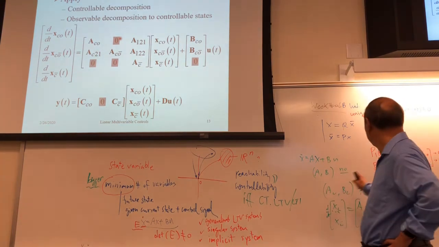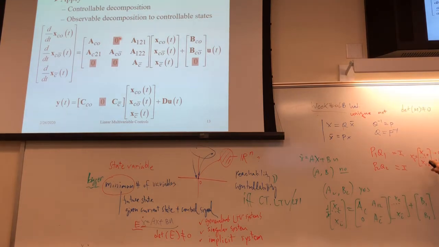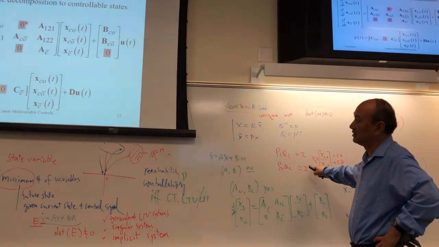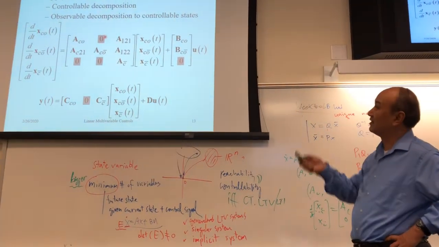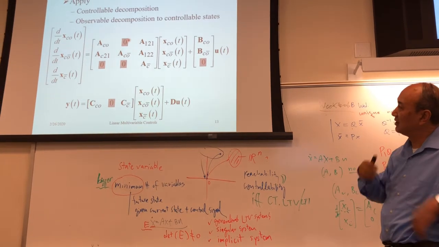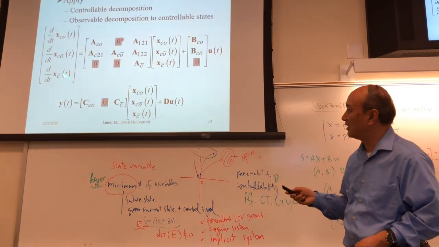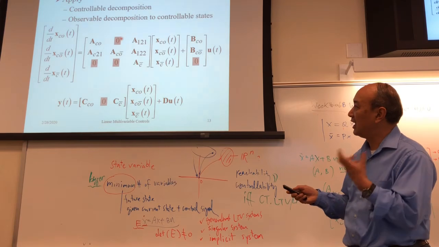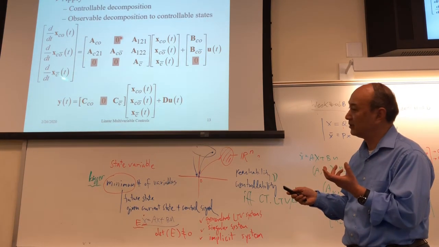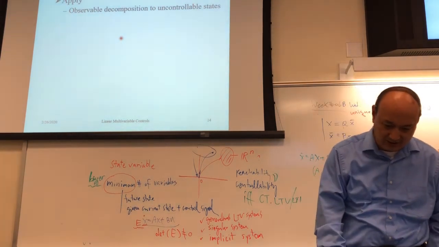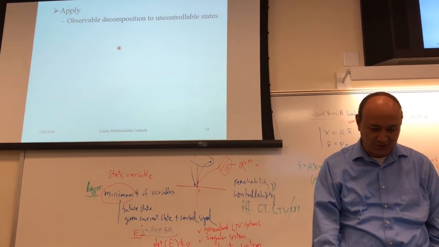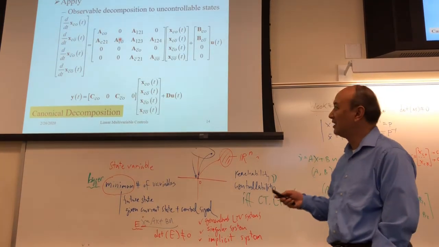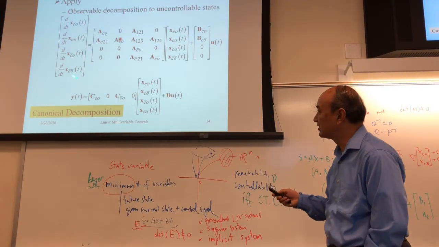So again, XCO bar forms XC, and this is XC bar. That is the format for this decomposition. Then for this one, I also do the unobservable and observable parts. That's the next step: observable decomposition of the uncontrollable states. This is XC bar, also with O and O bar.